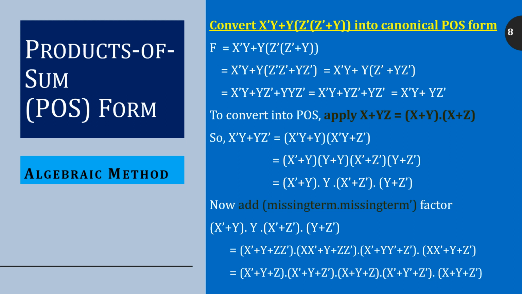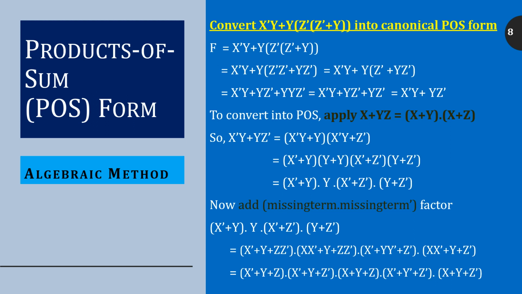Considering the innermost bracket, x'y + y·z' + y·y. Here y·y is y, so we get y z'. This gives x'y + y z'.